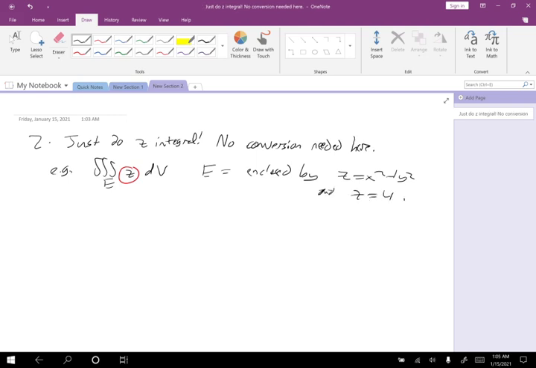So the first indication why cylindrical is that you should notice x squared plus y squared. If you see x squared plus y squared, think polar or cylindrical.